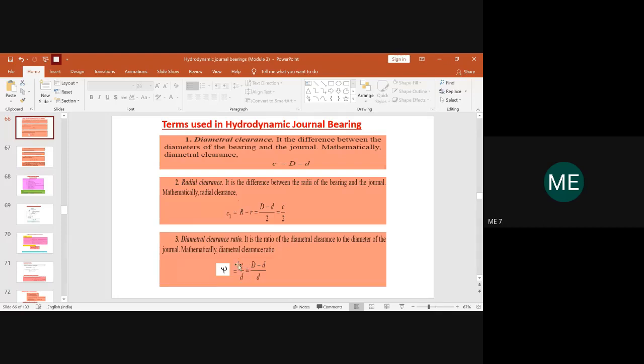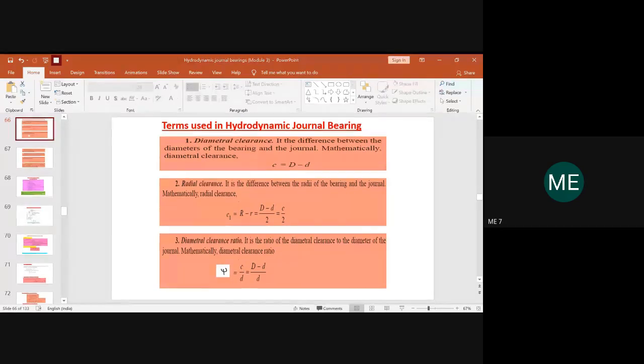This value is the diametrical clearance ratio, which is nothing but our chi. So if they give you the diametrical clearance ratio, you represent it by the letter chi, equal to C upon D. You should remember this formula, okay?